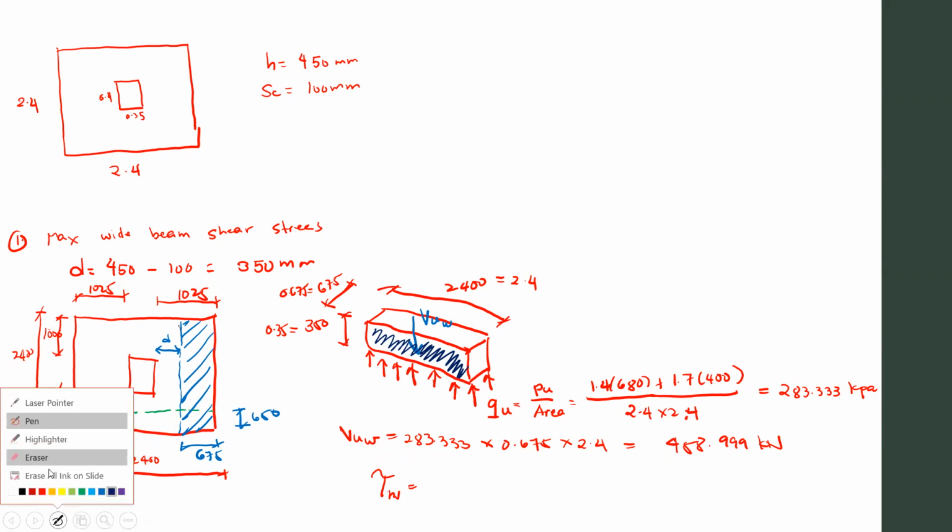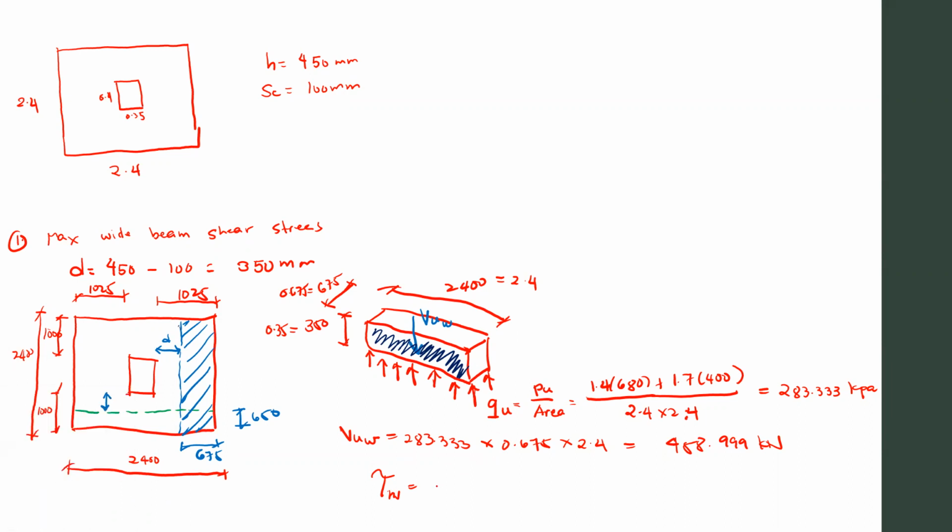Okay, however, you need to use the factor or the reduction factor since dapat naka-nominal tayo. So that is 458.999. Divide it to yung shearing area. So yung shearing area natin is, tama ba na that is 0.35 meters by 2.4 meters.